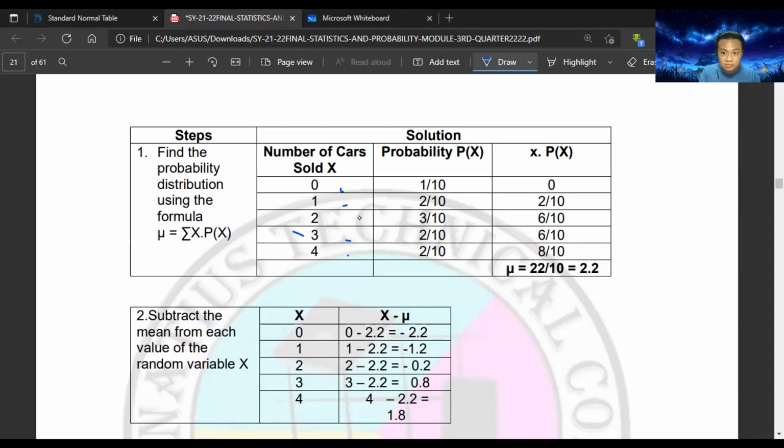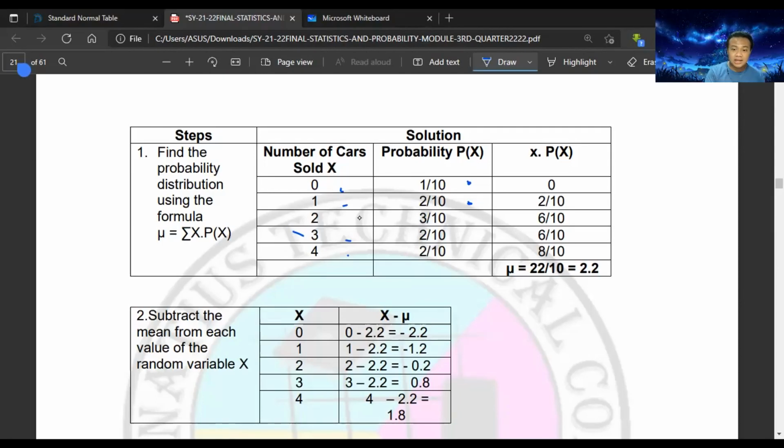The probability of one car sold is 2/10, then 3/10, then 2/10, and 2/10 for four cars. Okay?